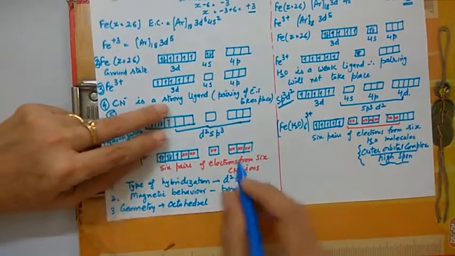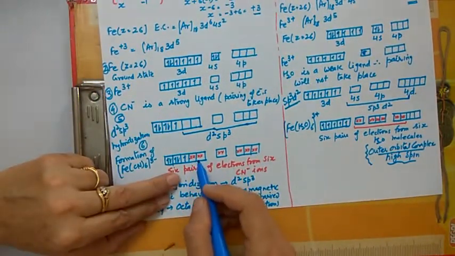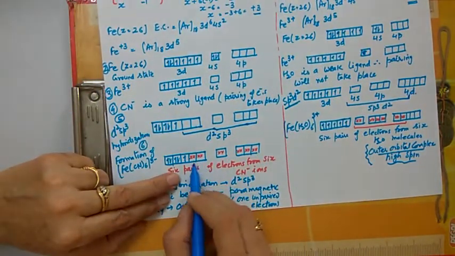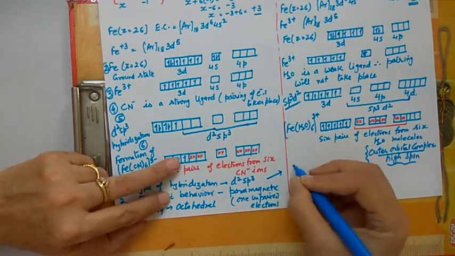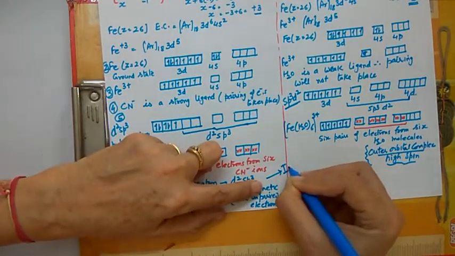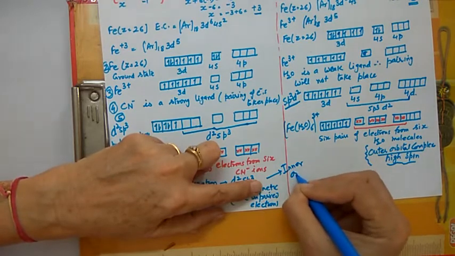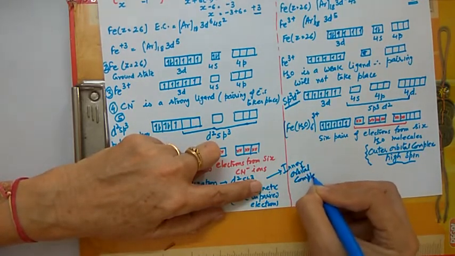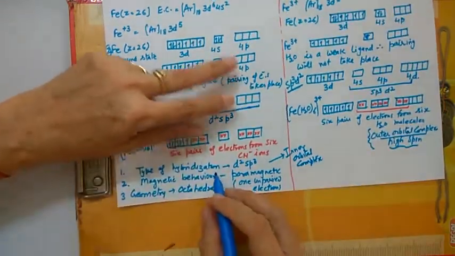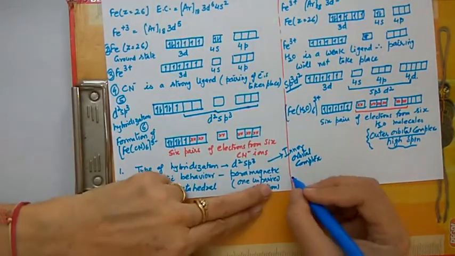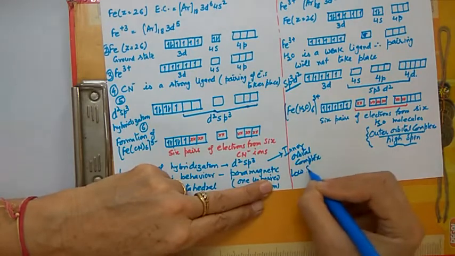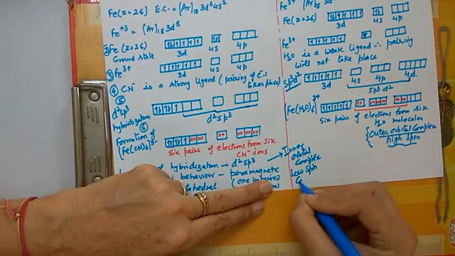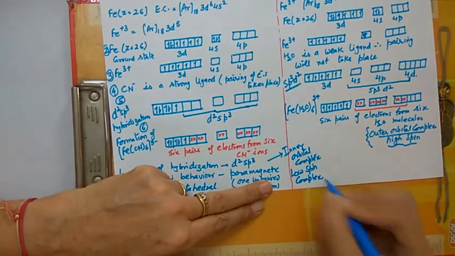Similarly, in this one, as the electrons are paired and inner d orbitals are used, we call it an inner orbital complex, and the number of unpaired electrons is less, so we call it a low spin complex. Clear?